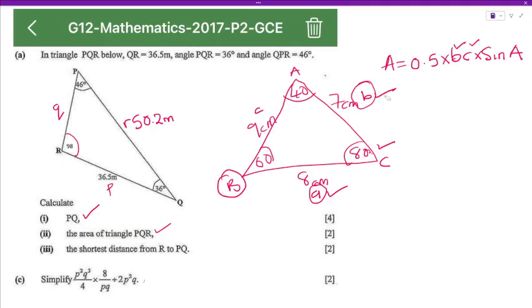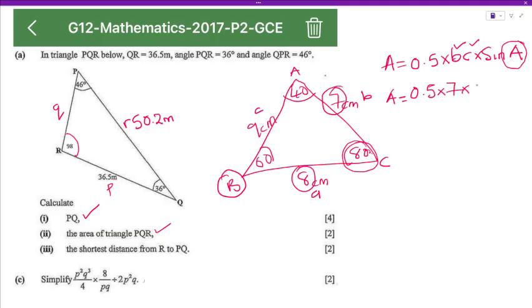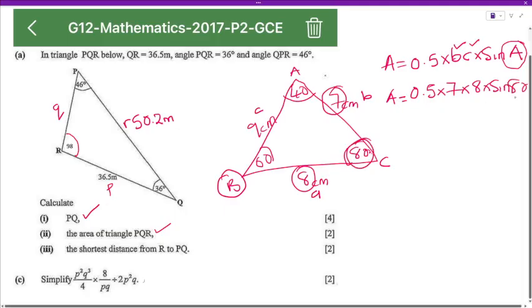But the idea is the sides you are picking, where they're meeting, that angle should also be known, because that angle, like in this case the 80 degrees, is what you're going to plug in where there is A. So your formula will be area is equal to 0.5 times, where there's b, you can choose either to plug in 7 or 8. It doesn't matter. So we are going to say 7 times 8 and then times sine A. Where they're meeting here, the angle is at C, which is 80 degrees. So meaning here you need to put 8.